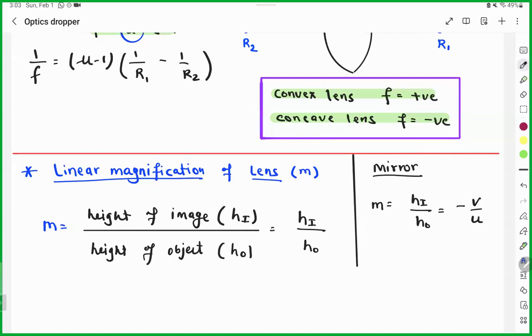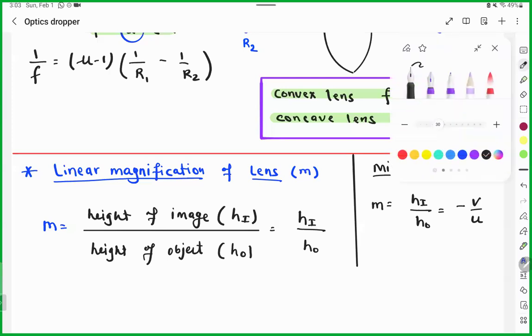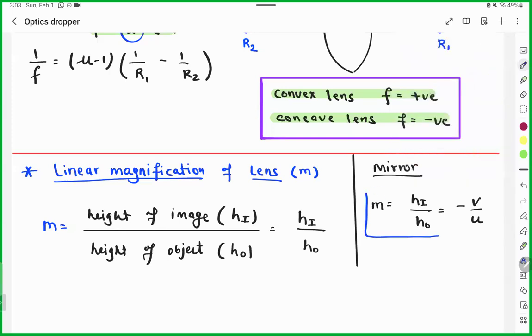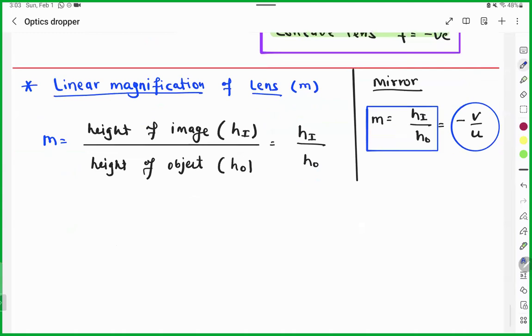You have to see the situation. Remember, this is the universal formula, but whether there is a positive or negative sign depends on how the values are given. Same here, when you calculate linear magnification, the value can be different for different cases.